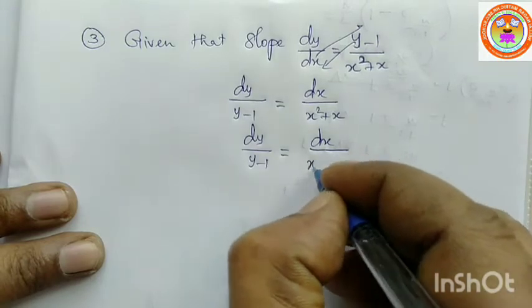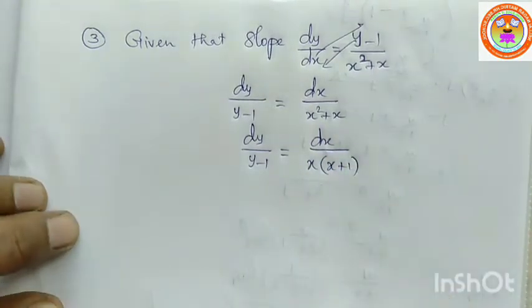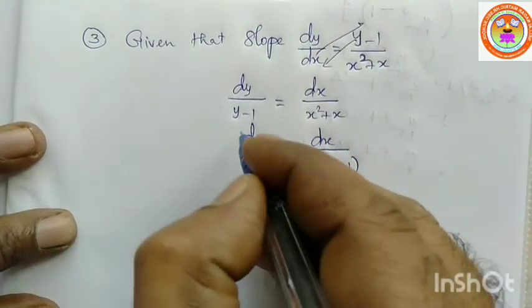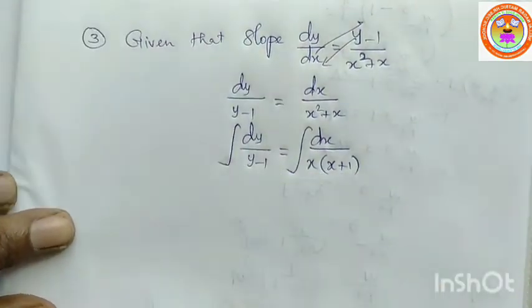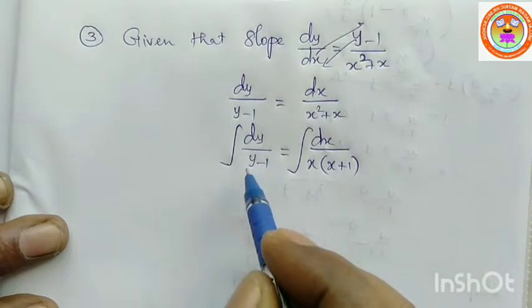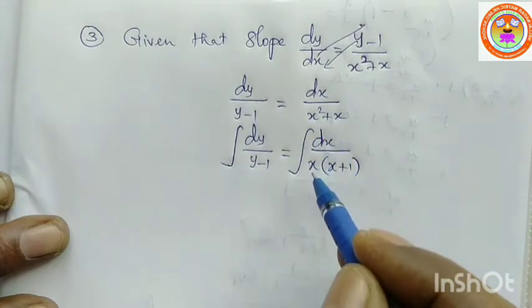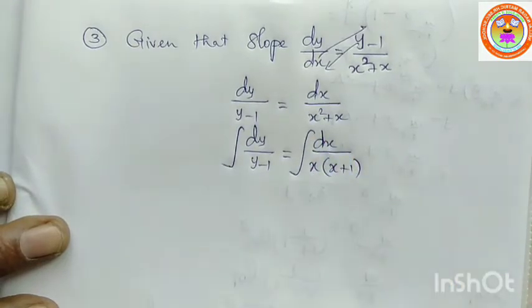If you are taking x outside, it will become x plus 1. Now apply integration on both sides. If we apply integral symbol on both sides, integral of dy by y minus 1 is equal to integral of dx by x into x plus 1.